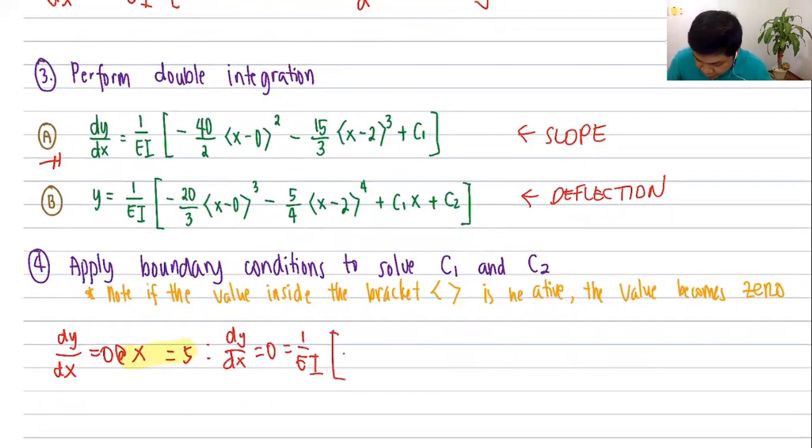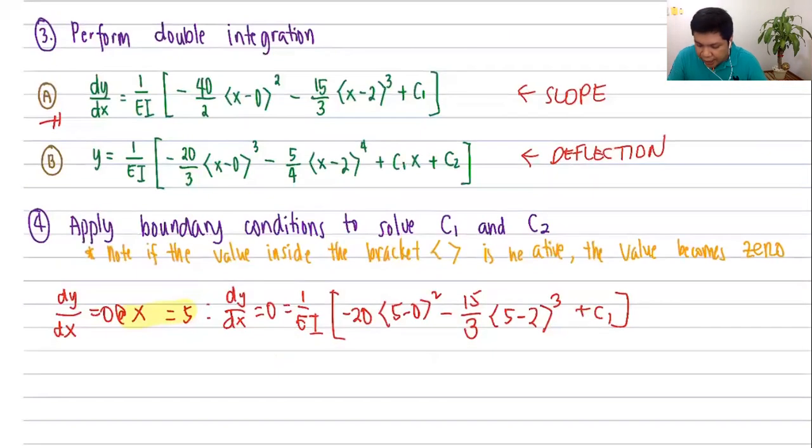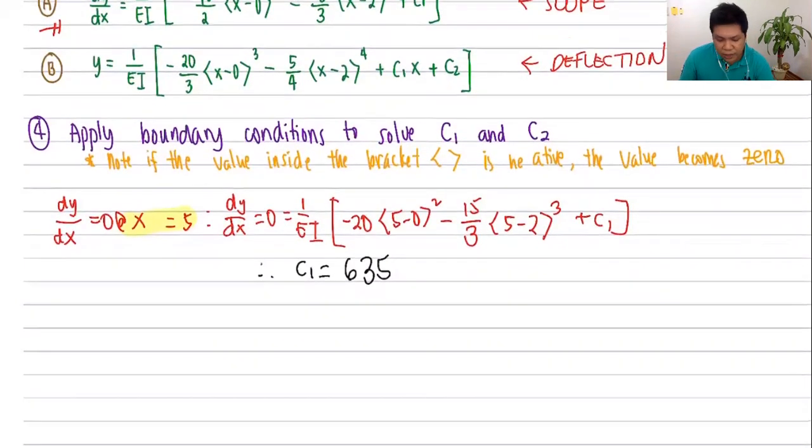So that's negative 20. 5 minus 0 squared minus 15 over 3, which is 5, times 5 minus 2 cubed plus C1. Obviously, they're not negative, so I need to evaluate. C1 is actually equal to, kindly confirm, 635.